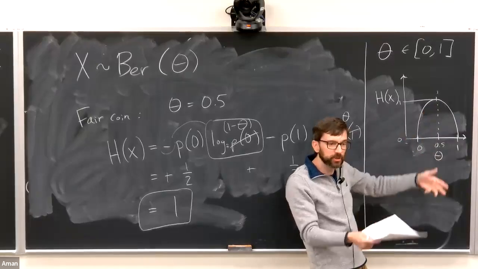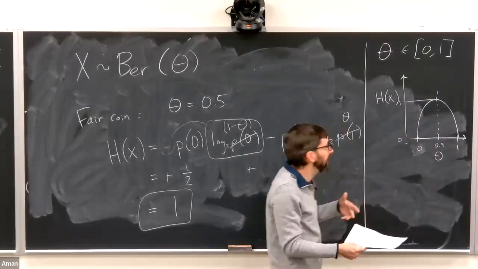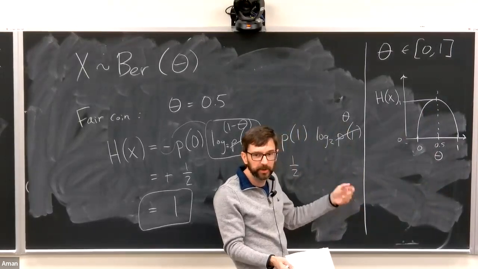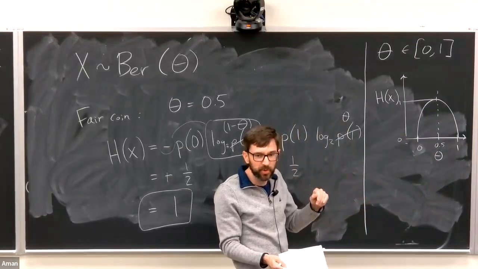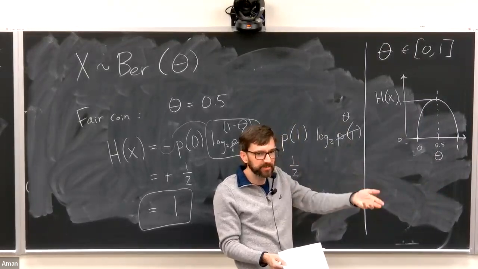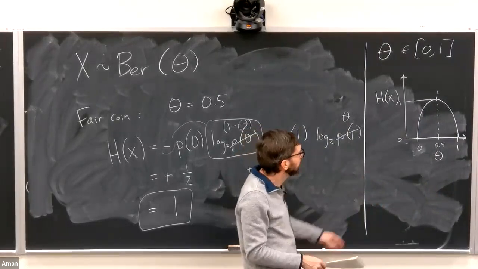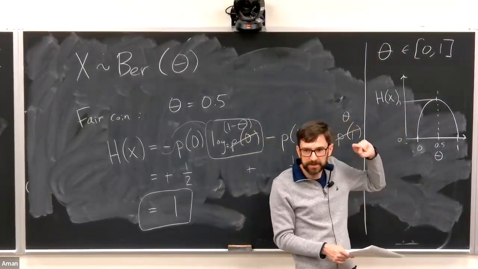Okay, the most uncertainty or the most average information or surprisal you can get is if you have a fair coin, because you have no way of predicting each time it comes up. You're always 50-50. Every guess is as good as any other. That's the maximum entropy you can get.